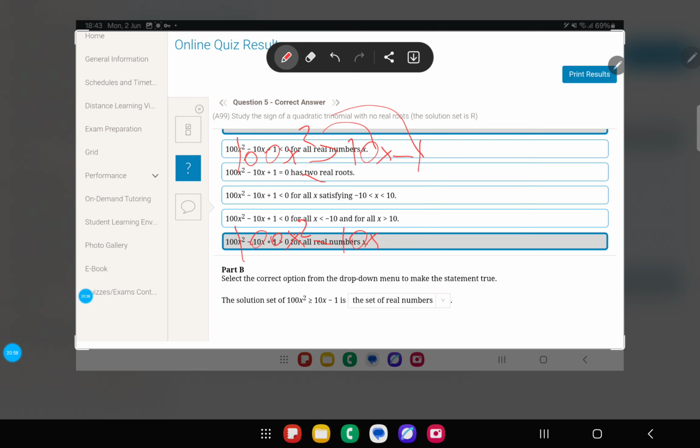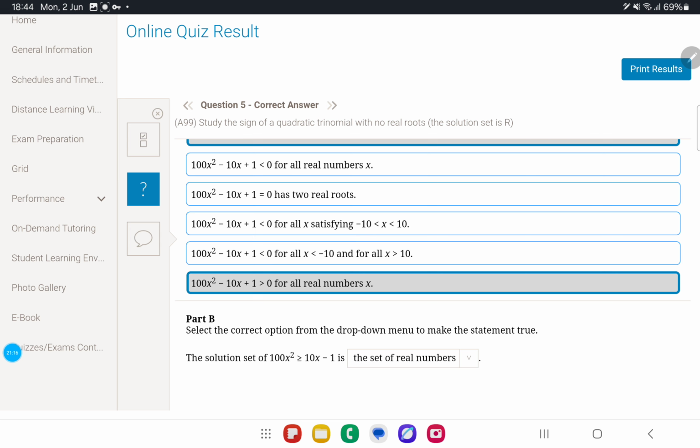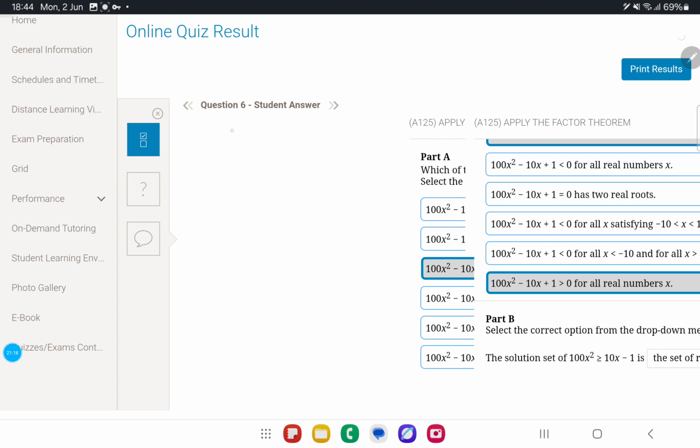And then you're gonna flip negative 1, becomes plus 1, greater than or equal to 0. Okay? Like we said, when it's greater than or equal to 0, it's for all real numbers. So here it's a set of real numbers. Okay? That's it.